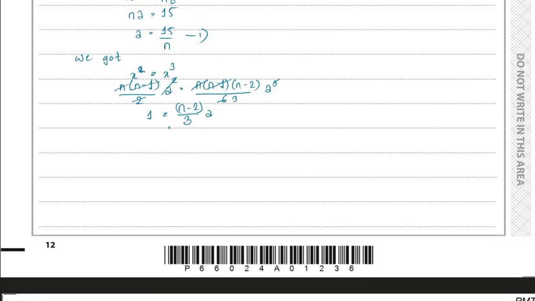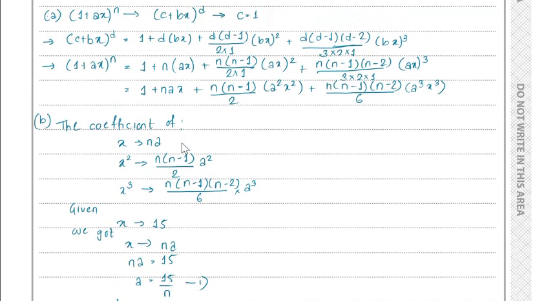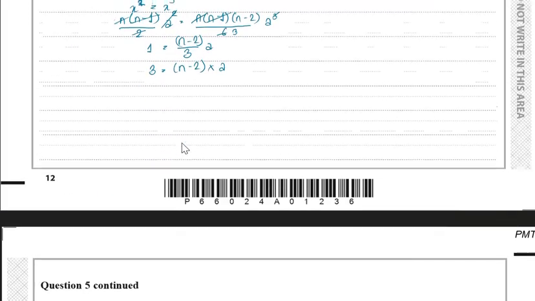And if I take that 3 to the left hand side, then it will be 3 multiplied by n minus 2 multiplied by a. And now we can just directly, or we can just expand this, or we can directly put it. Let's see. No, it's better to expand.